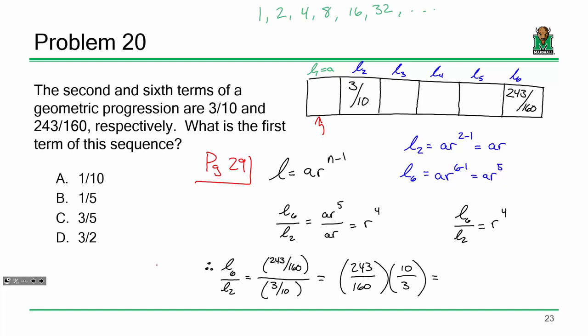So, doing a little bit of canceling, that becomes 1, that becomes 16, that becomes 1, that becomes 81. So 81 over 16. Now this also equals what? R to the 4th, right?